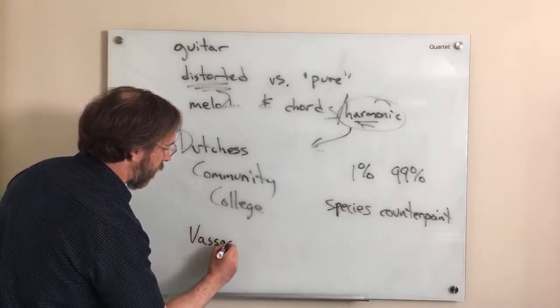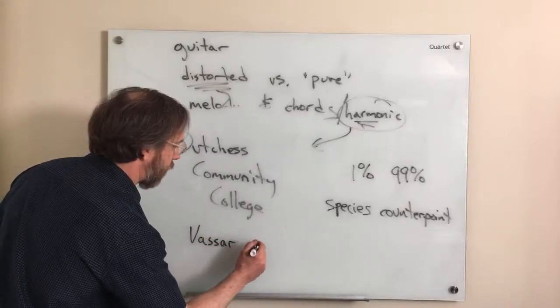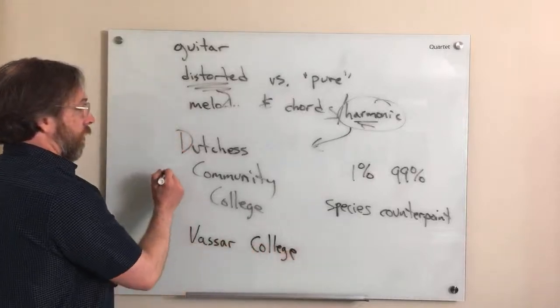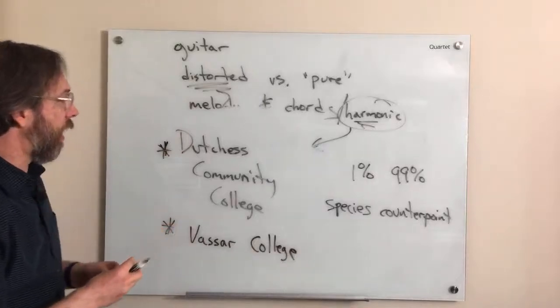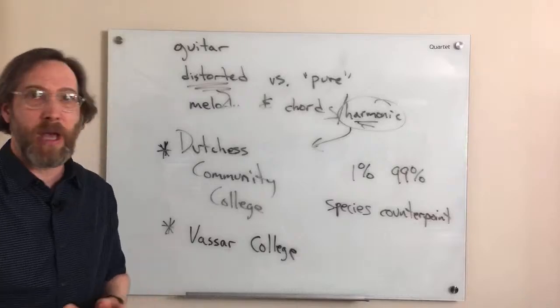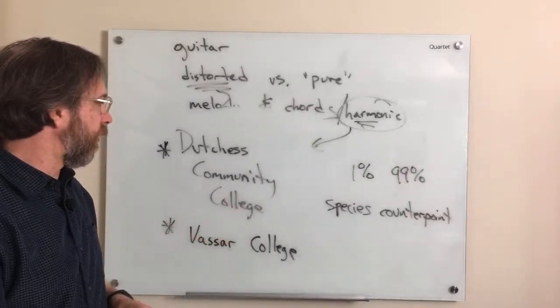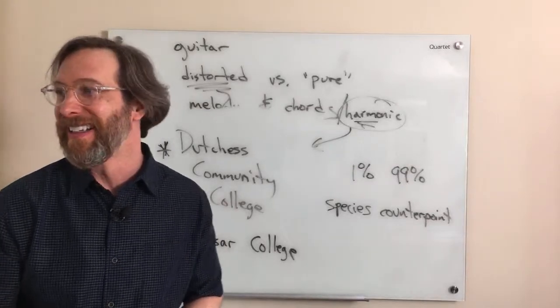They're both in the same city of Poughkeepsie, New York. So these are the two colleges I teach at. I love the area, and I really enjoy teaching at both colleges. They're different kinds of students, but students always need to learn more about music theory wherever they are.